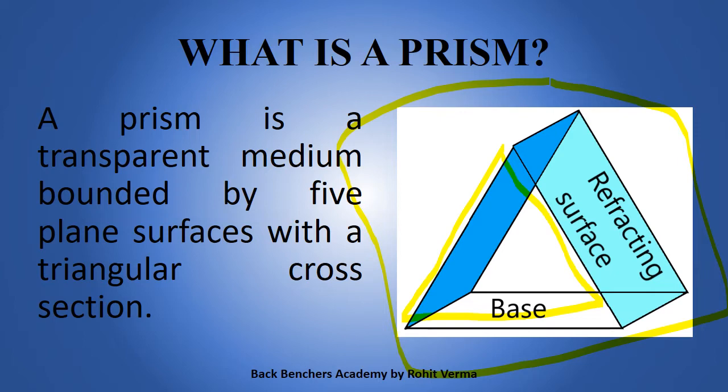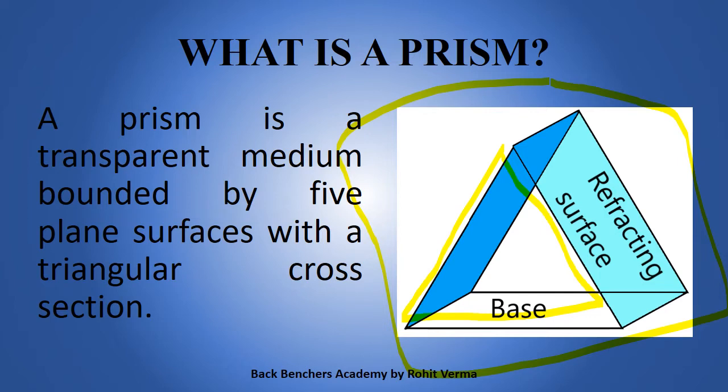This is the cross section area, which is triangular, and it's a three-dimensional object with five plane surfaces, three on the sides, one on the front, one at the back. So this is what exactly a prism is defined as.